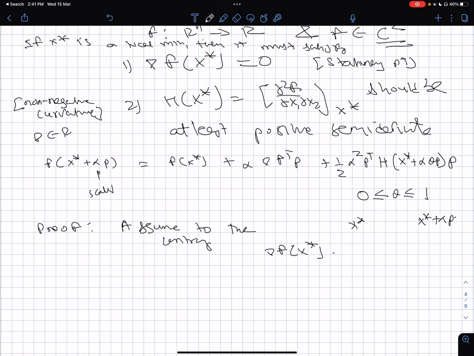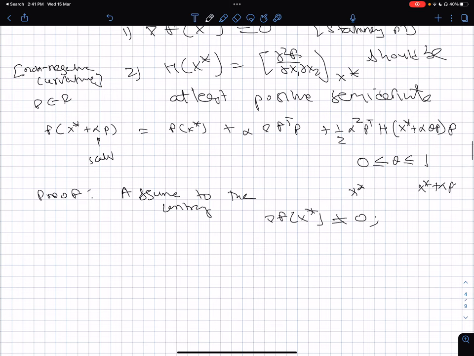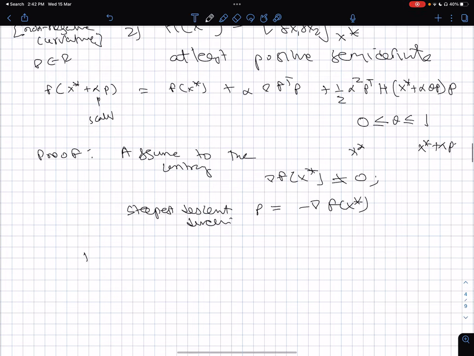Then what I would suggest is that you walk against the gradient. This is usually called the steepest descent direction. Take p to be equal to minus the gradient of this.